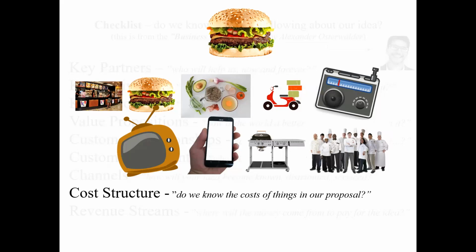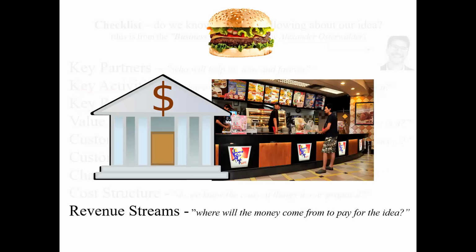So for example, we're going to need fuel for the Vespa, for the moped that our delivery person goes out with. We may need to pay for our TV commercials. Our staff will have salaries. Our food needs to be paid for first before we could cook it. We may need to replace our equipment every 3 years because it's just worn out, and so on. So this is the cost structure of this entire venture.